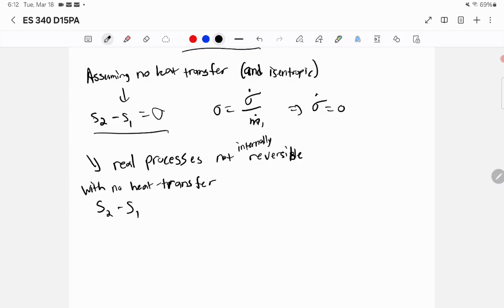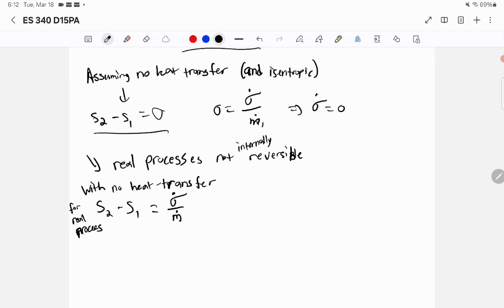S2 minus S1, for the real process, is going to be equal to sigma dot over m dot, right?